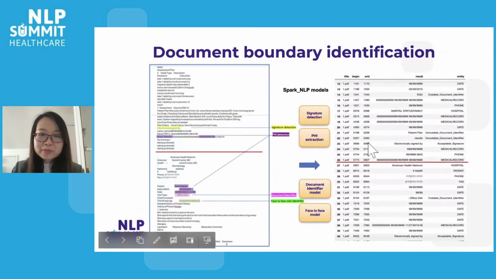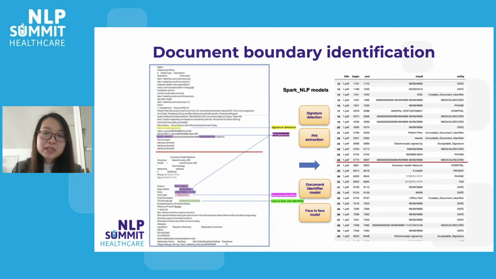By using the models that Alina just introduced, we could successfully identify all the information, including signature and credential, using our signature detection model. We extract the patient information and service dates using this PHI extraction model. We also identified the document identifiers, including the type of the document or title and so on, using our customized document identifier.